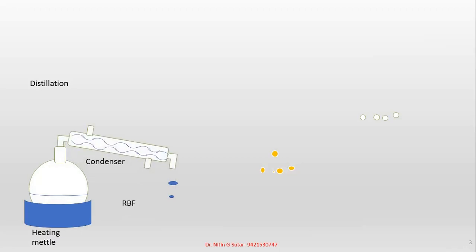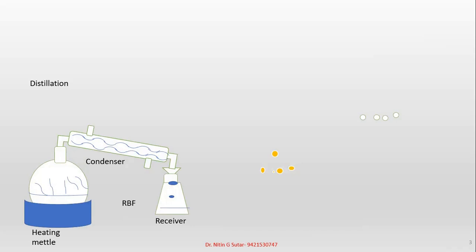So for the distillation purpose, we take a heating mantle, then a round bottom flask. To the round bottom flask, a condenser is attached, where the vapors are cooled or condensed and converted into liquid. For the collection of that liquid, a receiver is needed. In the round bottom flask, we take the liquid and start heating.